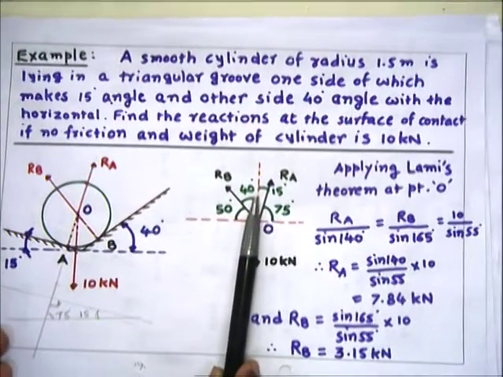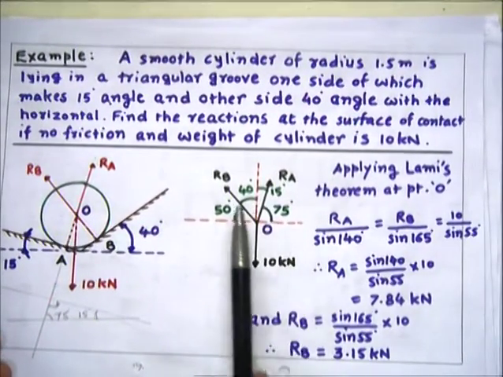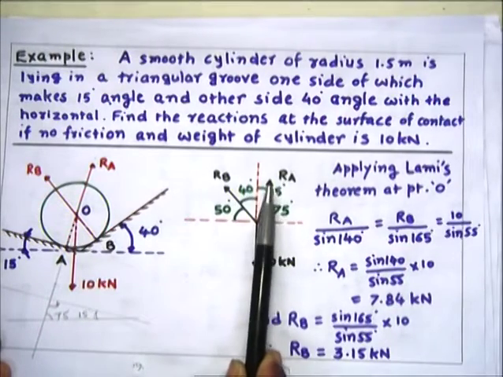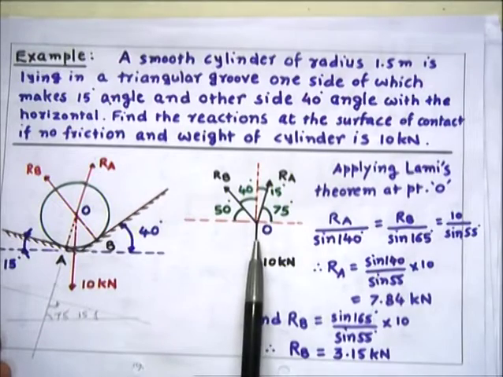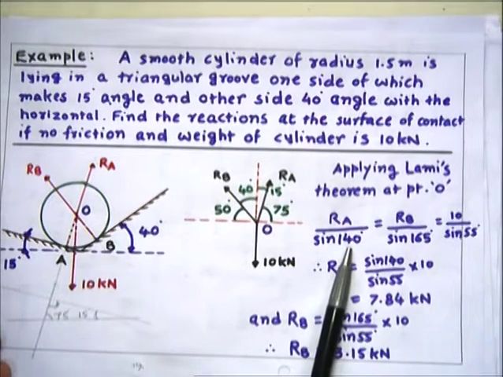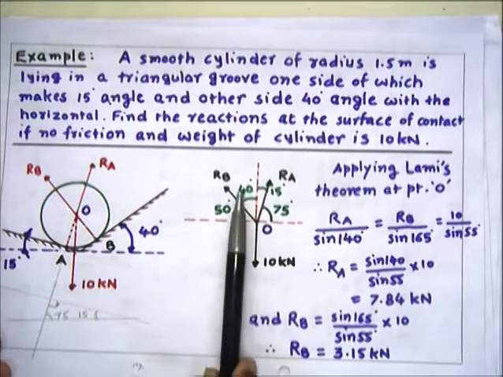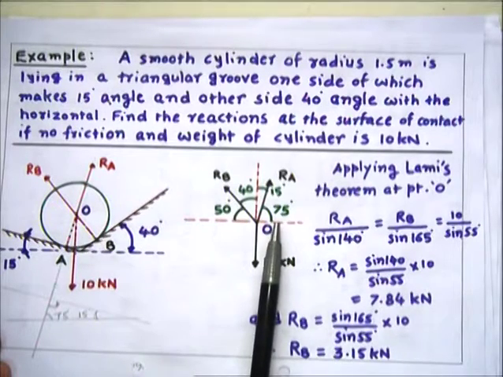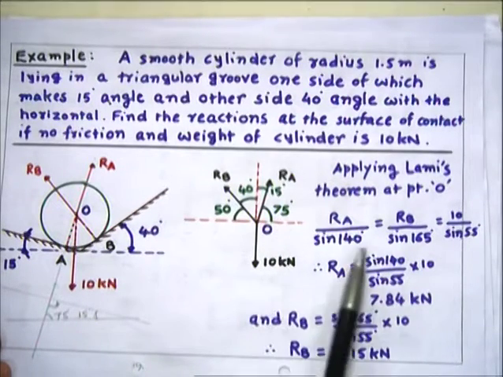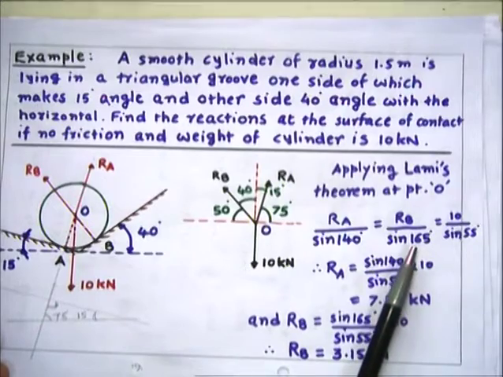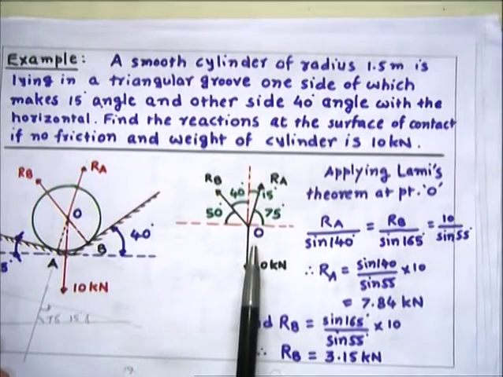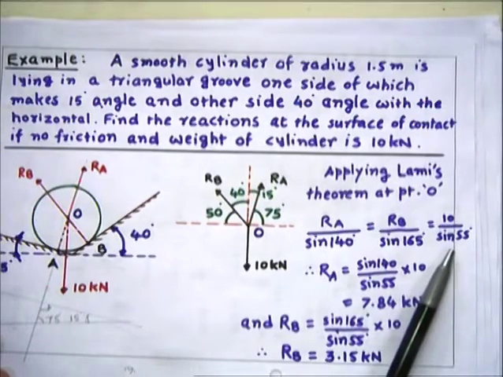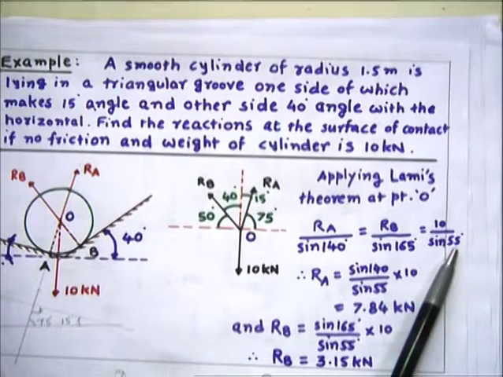So then using Lami's theorem, say RA divided by sine of this total angle, which is 90 plus 50, which is equal to 140, is equal to RB divided by sine of this angle which is 75 plus 90, that is 165 degree, is equal to this force 10 divided by sine of this angle total 55.